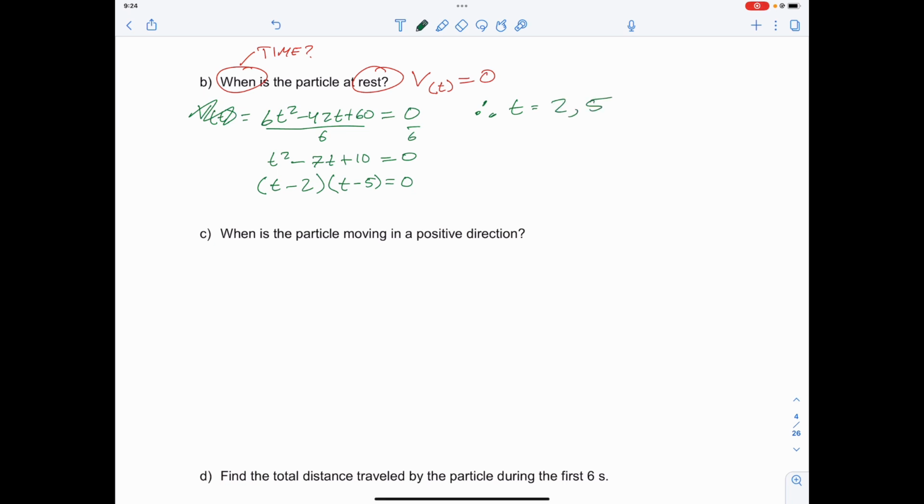Now, those both fit into t is greater than or equal to 0, so those both work. And I'm just going to state that the particle is at rest at 2 seconds and 5 seconds.